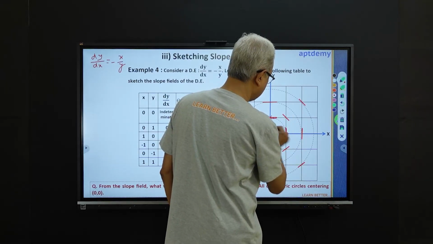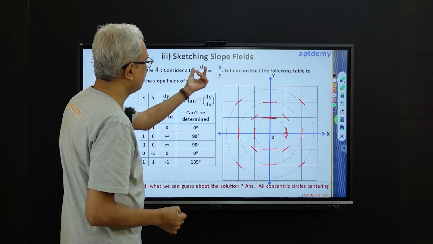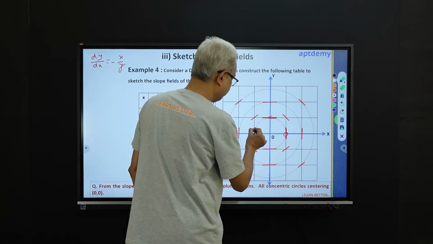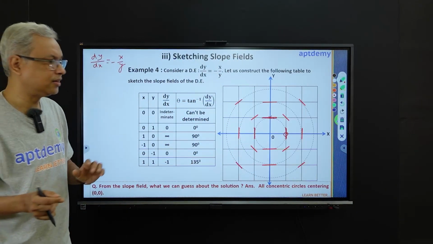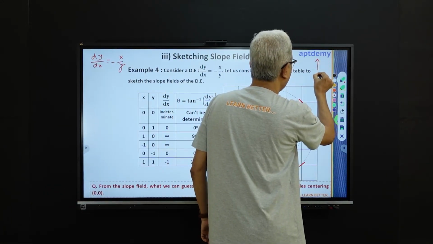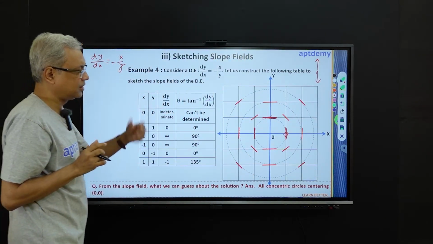This is the 1, 0 point. Negative 1, 0, also it is something divided by 0. So it makes an angle of 90 degrees with the x axis. Whether it is positive 90 degrees, this or this, it is immaterial. In both cases, the magnitude of dy dx is infinity.